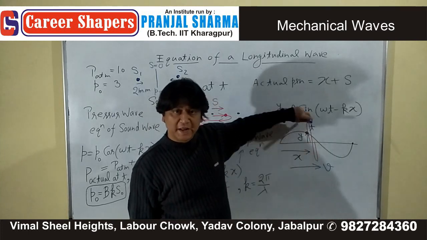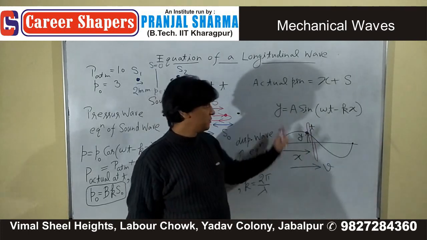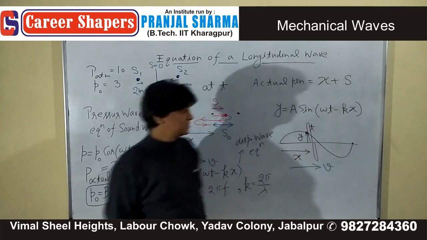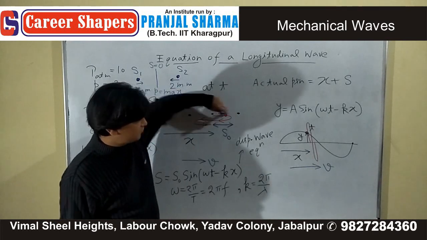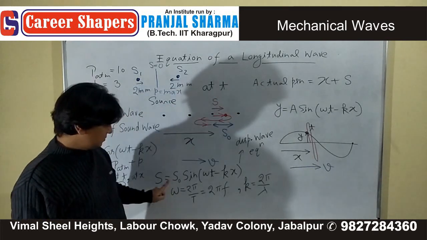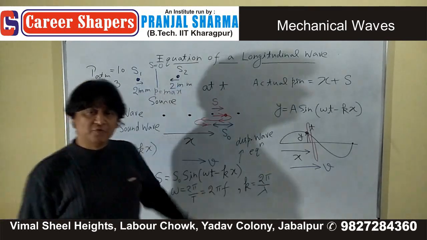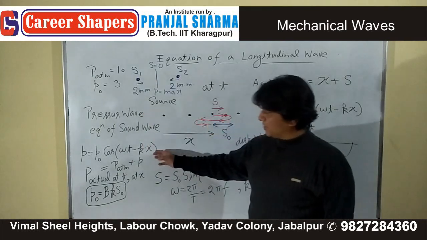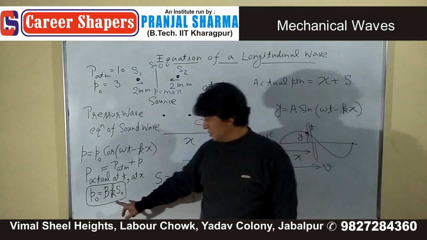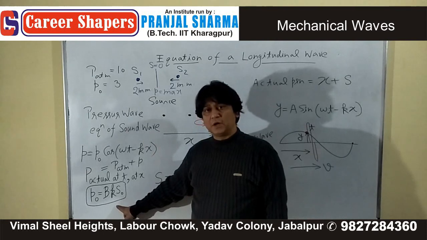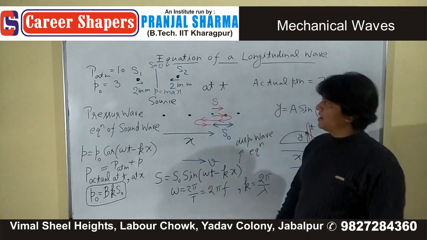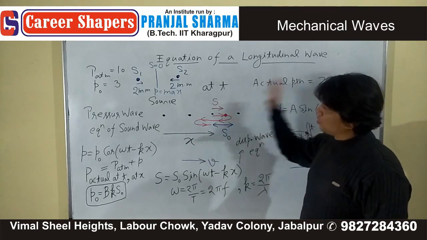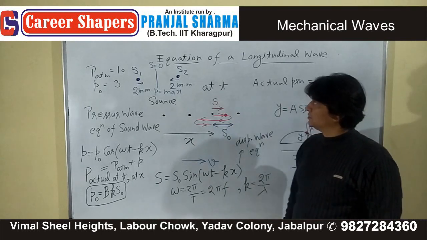The equation is given by a sin(omega t minus kx). In the case of a sound wave, molecules are oscillating in this form. That's the displacement form, and this is the pressure form. Remember, first important result, and the second important result, phase difference of pi by 2. Note down everything.